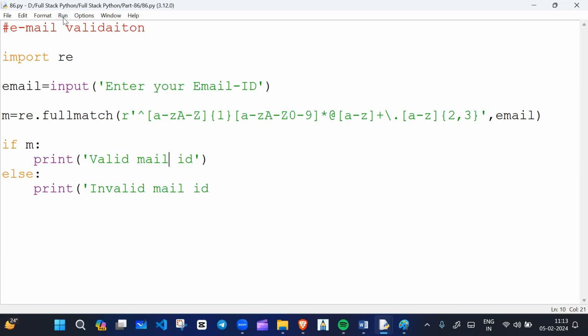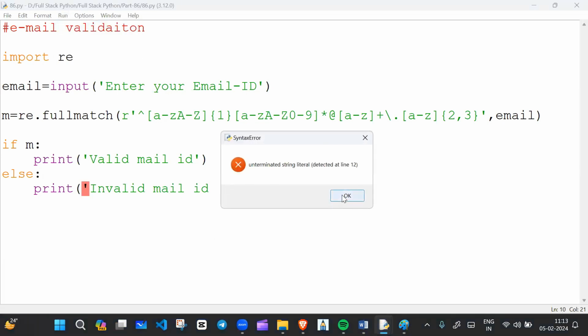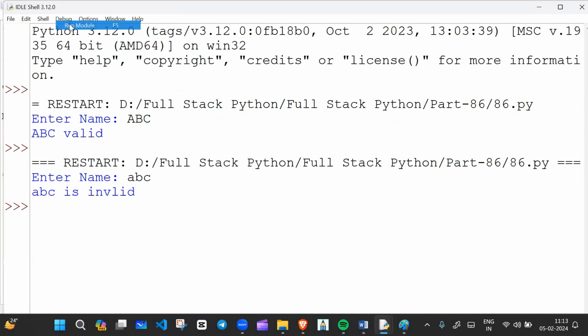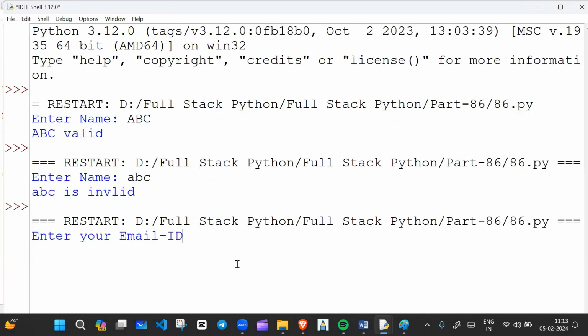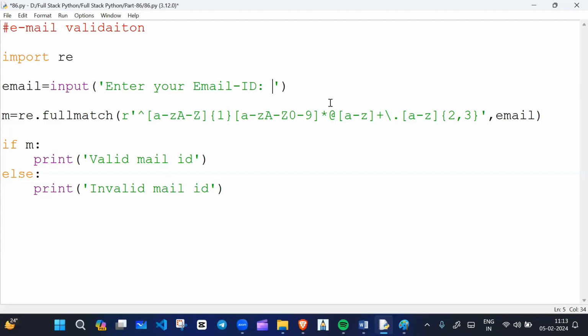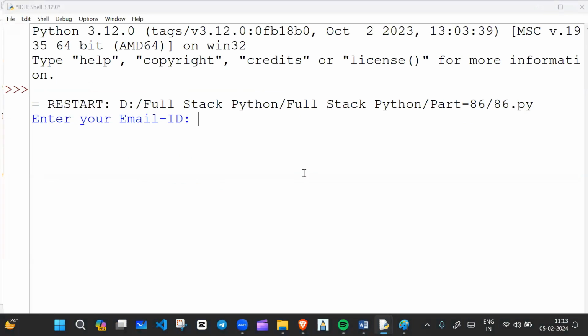If I run this code, for example, if I write my correct mail ID, it is not looking good, so I will write it like this. If I run this again, for example, if I write 332183@gmail.com, this is a valid mail ID.